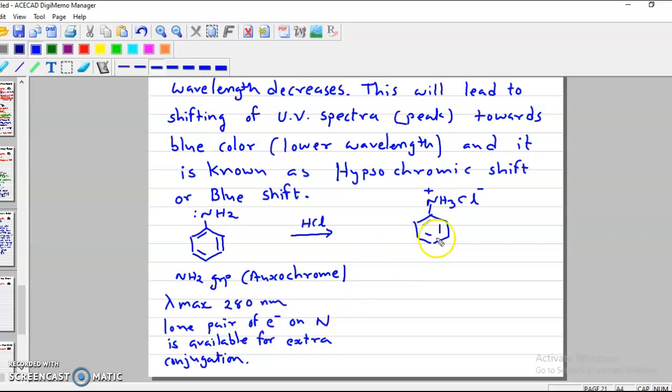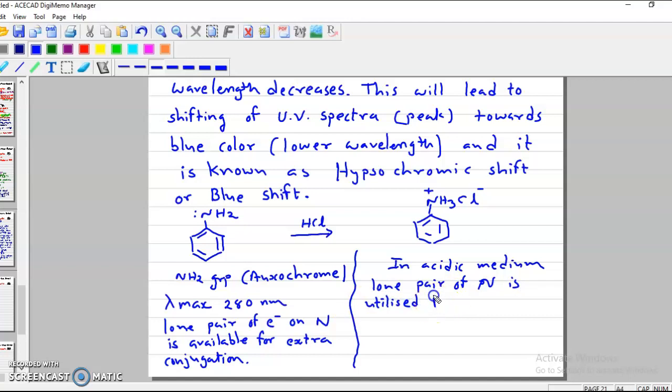So because of the presence of HCl or acidic medium, the lone pair of nitrogen is utilized for bond formation, and extra conjugation is removed.